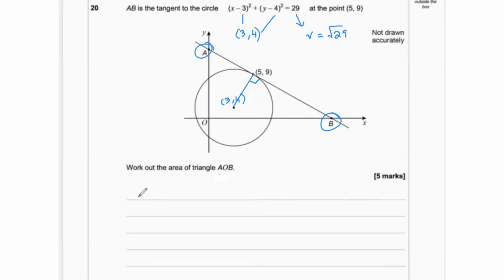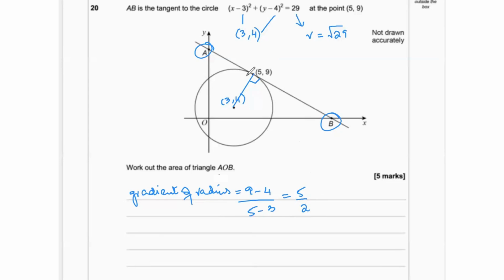So the gradient of the radius is going to be (9 − 4) over (5 − 3), which gives us 5 over 2.